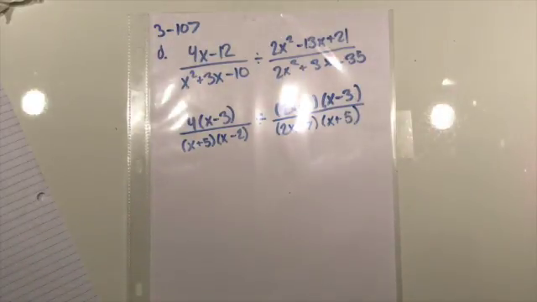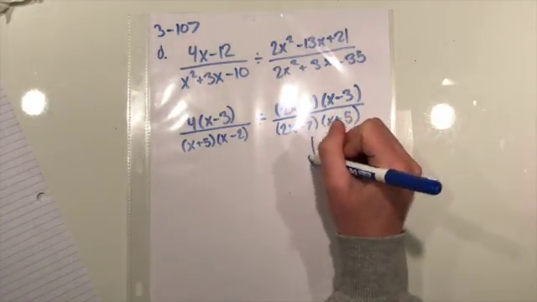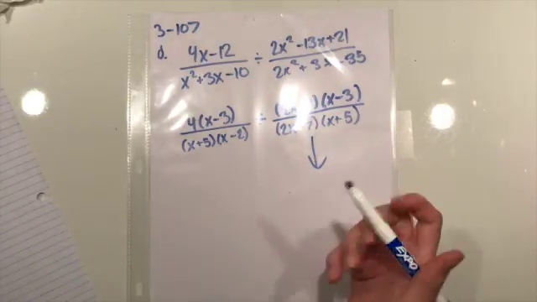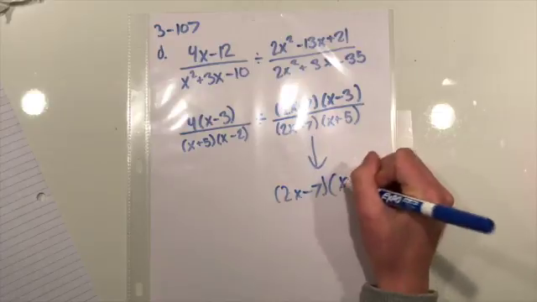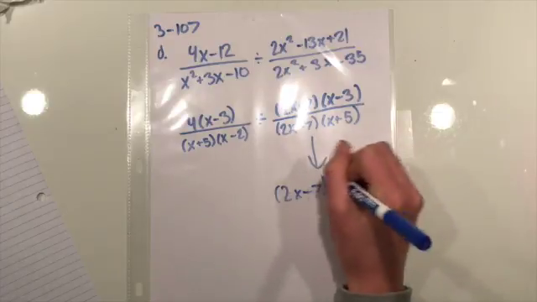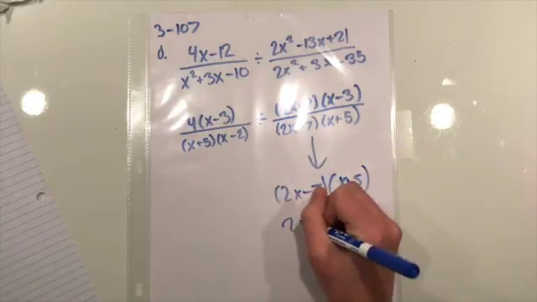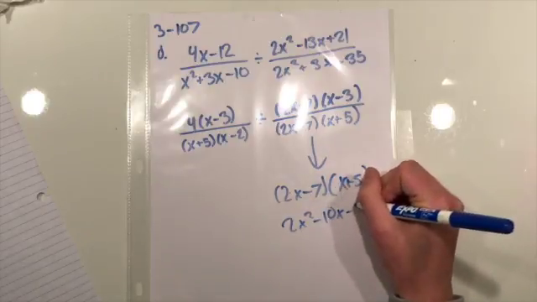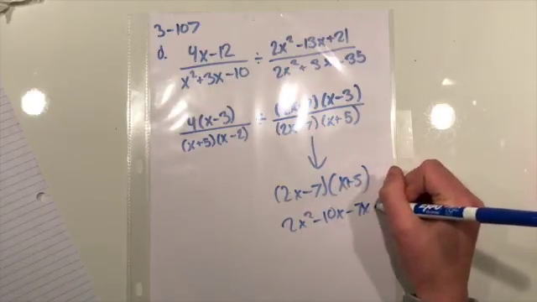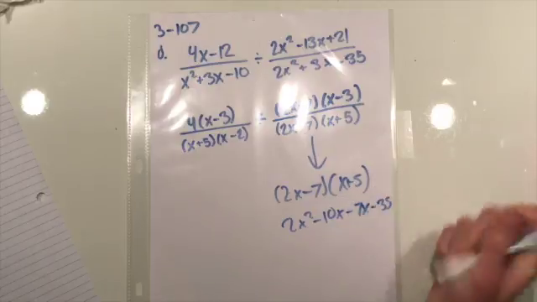I'm going to check this again by FOILing: 2x squared plus 10x minus 7x minus 35.